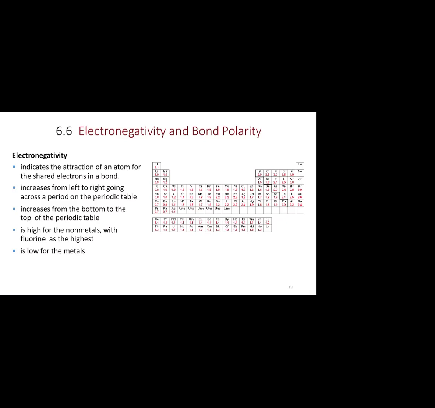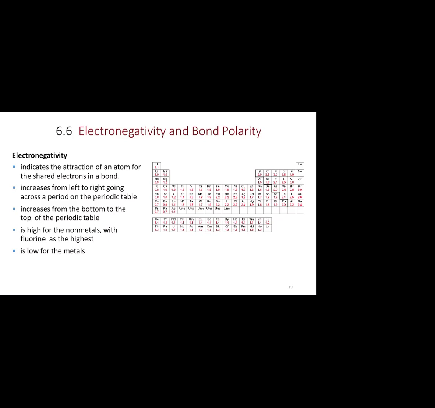As you can see in the bullet points on the left side of the slide, electronegativity indicates the attraction of an atom for the shared electrons in a bond. There is a trend in electronegativity.